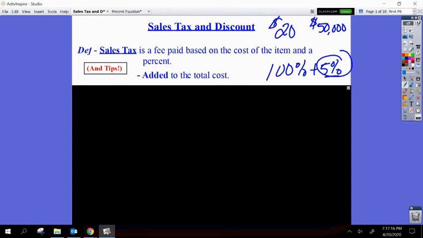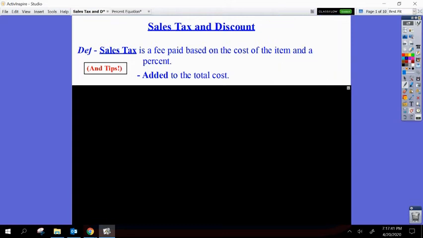On the same token, if it's a $20 shirt and a $20 shirt, and you pay a 5% sales tax in one state and an 8% sales tax in another state, obviously you're going to pay more in the state with a higher sales tax. So both of those things come into play, and we have to take them into account when doing sales tax and discount.